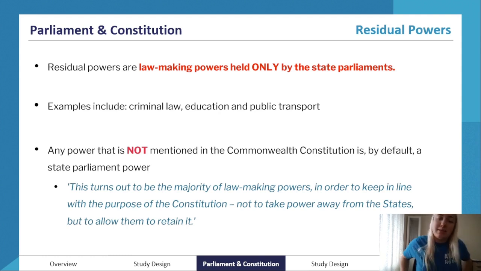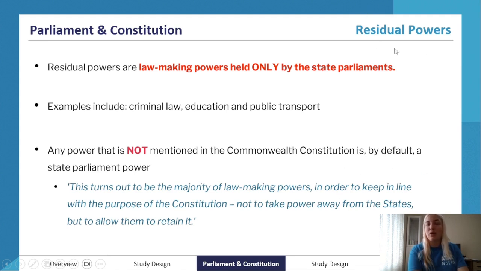Not by Commonwealth, by state parliament. Okay, so residual powers. Again, it's really easy to remember because residual means everything that's left over. So these are lawmaking powers held only by the state parliaments, and essentially it is any area that is not mentioned in the Commonwealth Constitution. By default, that becomes a state parliament power.